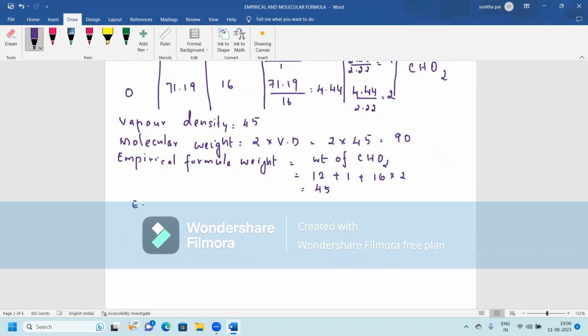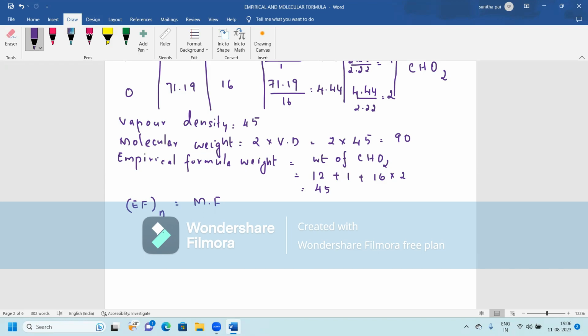Then empirical formula n times is molecular formula. How do I know this? From the definition, molecular formula is the exact number of atoms of all elements. Empirical formula is the simplest whole number ratio. So, empirical formula multiplied by a particular number is equal to the molecular formula.